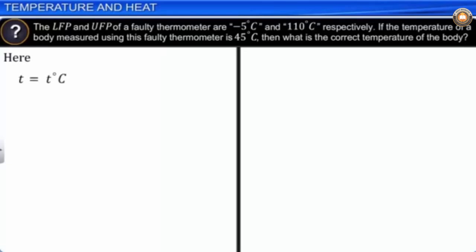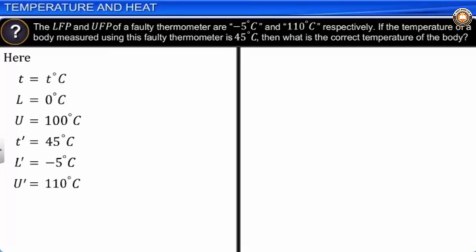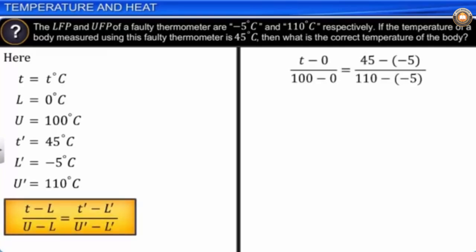Here, T is equal to T degrees Celsius, L is equal to 0 degrees Celsius, U is equal to 100 degrees Celsius, T' is equal to 45 degrees Celsius, L' is equal to −5 degrees Celsius, U' is equal to 110 degrees Celsius. Upon substituting the values in the equations and solving, we find that the actual temperature is 43.5 degrees Celsius.